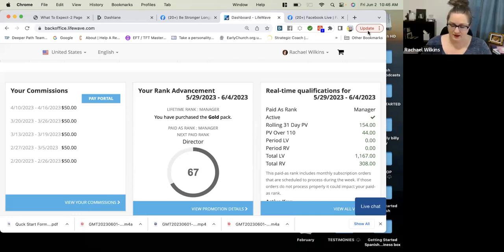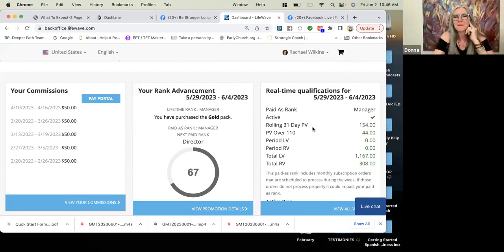Okay. So let's say, for instance, I have my friend Deborah, who's near the top, not at the top, near the top of my left leg. When she shows up on my tree, can you go back to my tree?